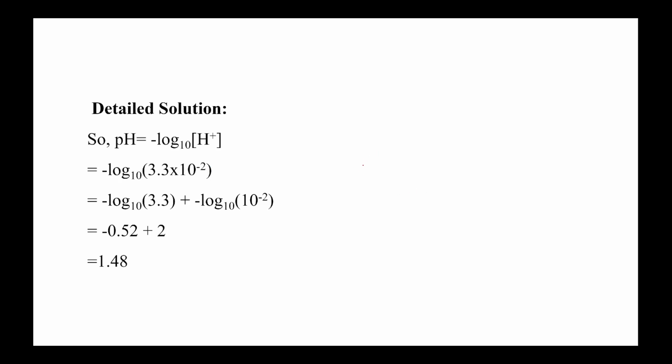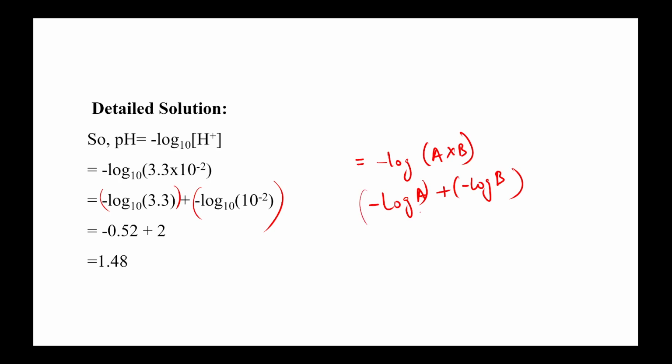To solve this quickly, even if you don't have a calculator, if you have log A into B, you can always split it into log A plus log B. So here we had negative log of A into B, which I split into negative log of A plus negative log of B, and then you only need to take the log of 3.3 using the calculator, which comes to 0.52.